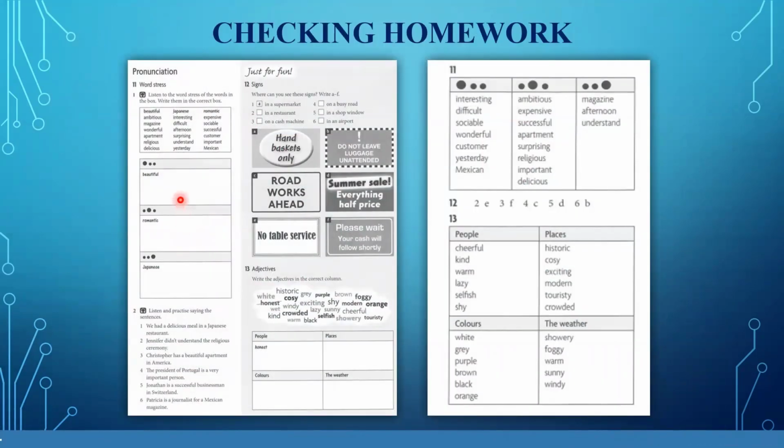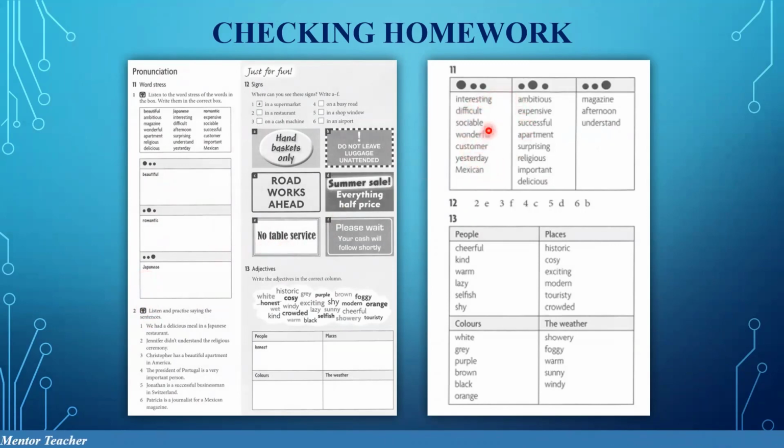One word has been done for us in each column: beautiful, romantic, and Japanese.